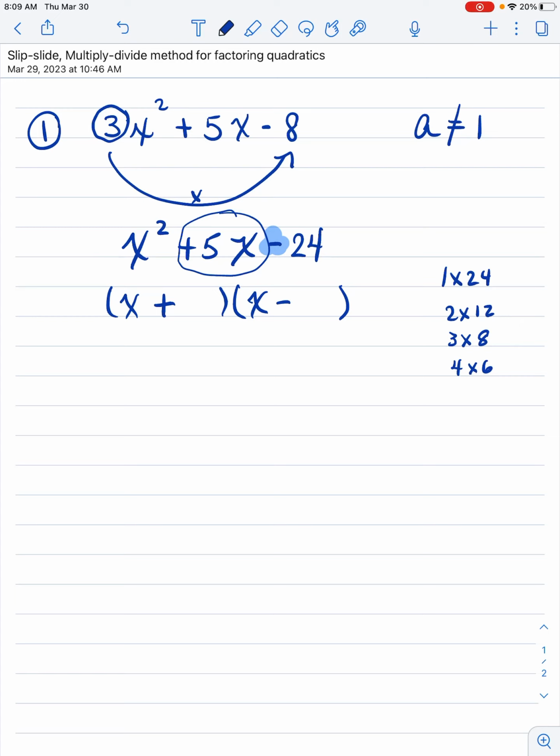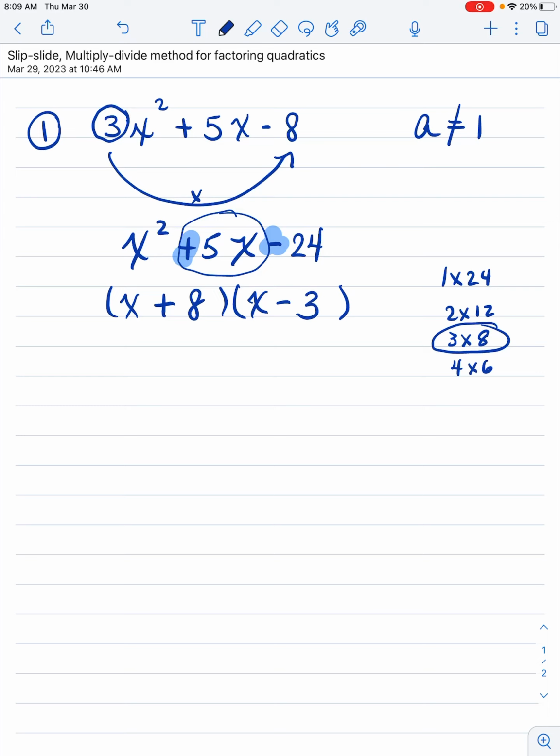Which of these pairs has a difference of 5? 8 minus 3. Because this sign is positive, my higher factor is going to be the positive one, so this is going to be x plus 8 and x minus 3.